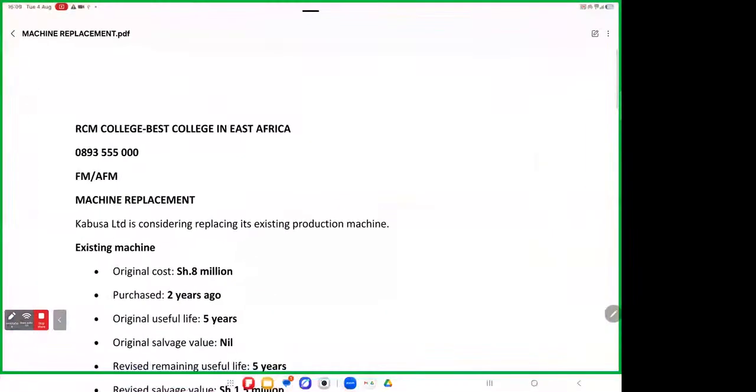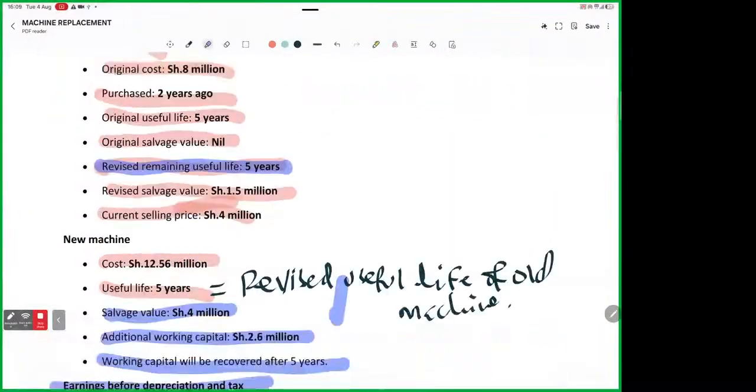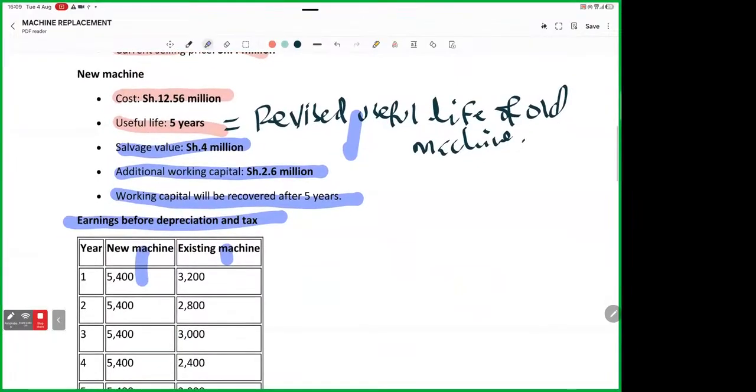It is not 12.56. We must be very consistent. It is 12,560. We are cutting only 3 zeros. You'll be told to pay that today.